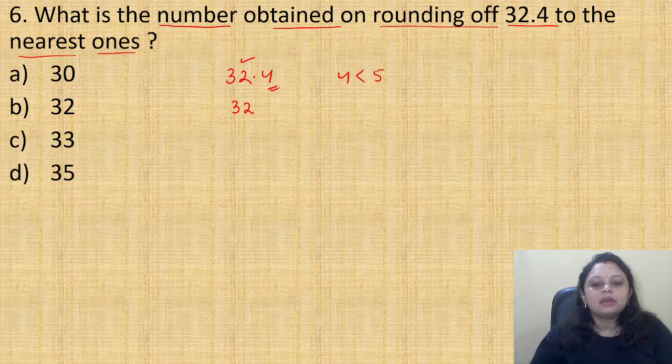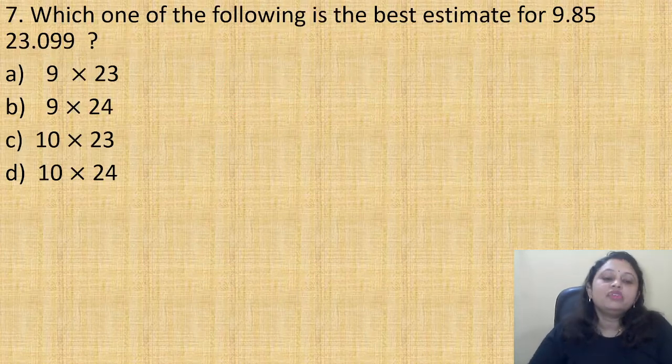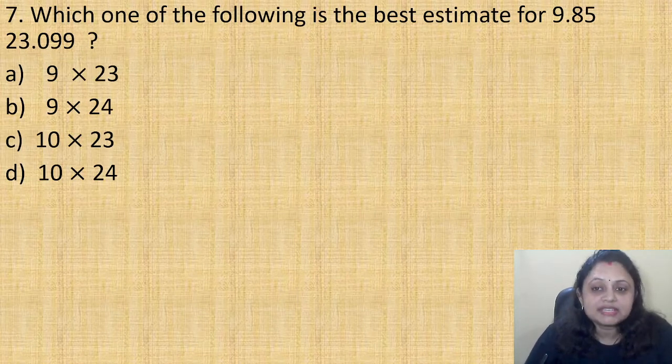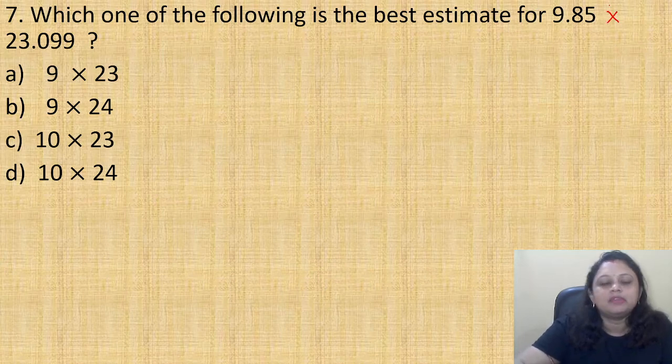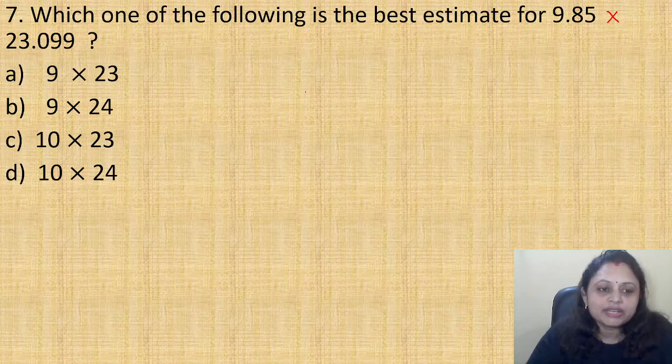Coming to the next question: which one of the following is the best estimate for 9.85 times 23.099? Option A 9 times 23, B 9 times 24, C 10 times 23, D 10 times 24.